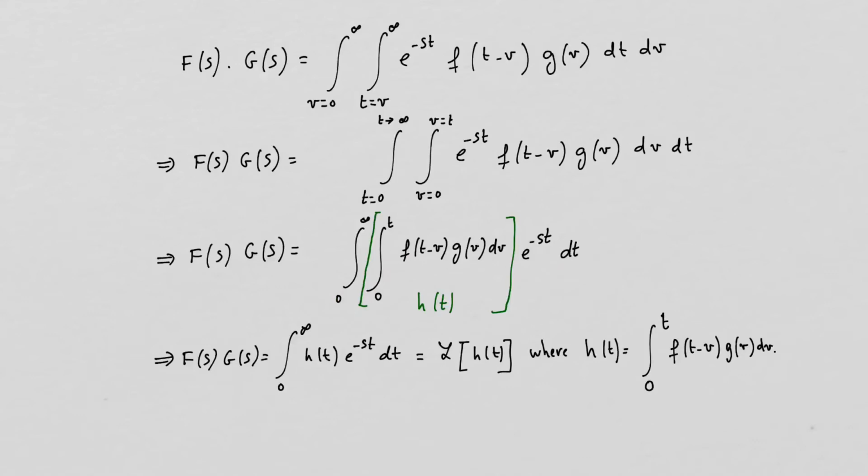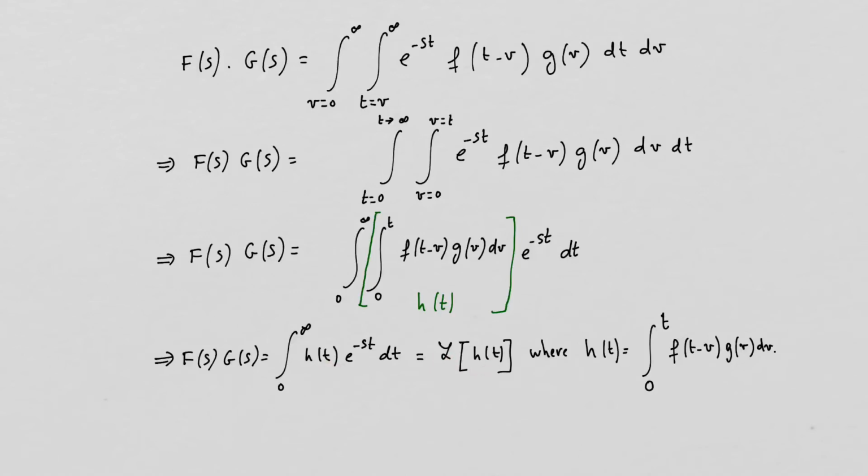Now, for simplicity, we're going to call this integral h of t. Okay, so F of s times G of s equals the integral from 0 to infinity, h of t, which is this integral in green, e to the negative st dt, which is precisely the Laplace transform of h of t by definition.